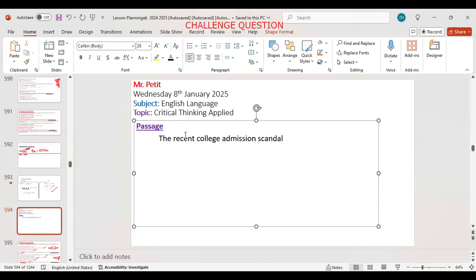So, the first thing with analyzing this passage is you have to know what the words mean. If there's a word that you don't know, you have to look it up to figure out what it means. Okay, what does scandal mean? Drama.